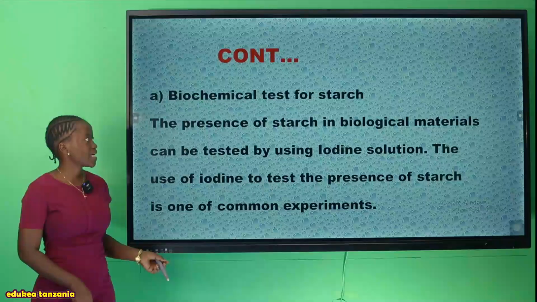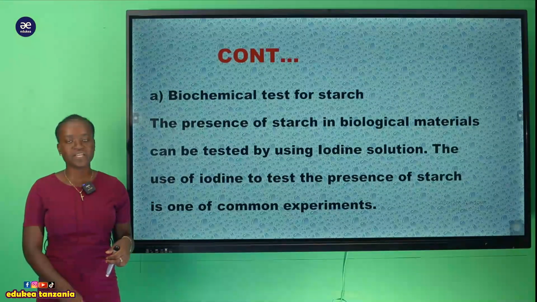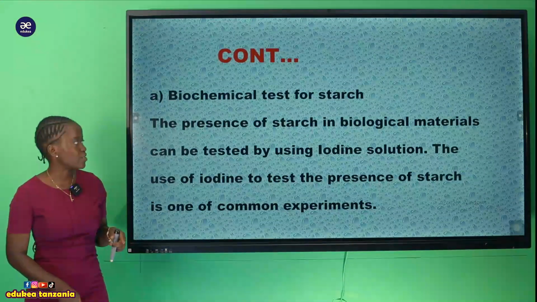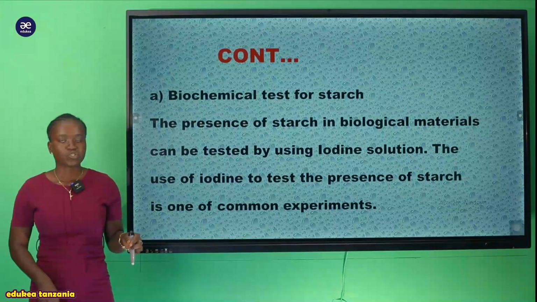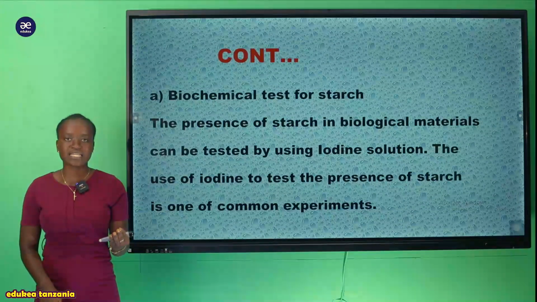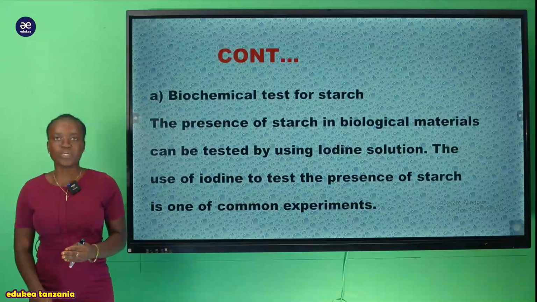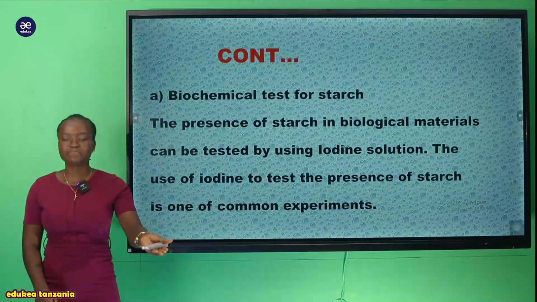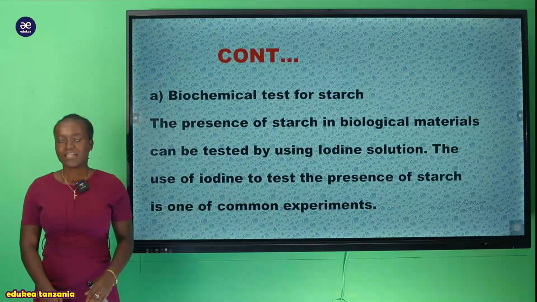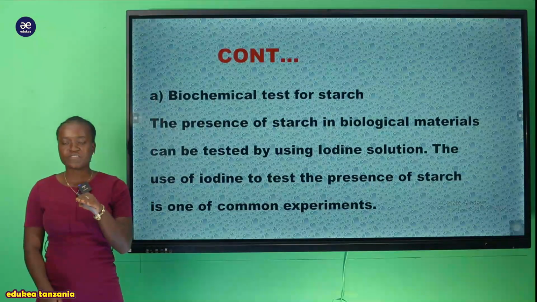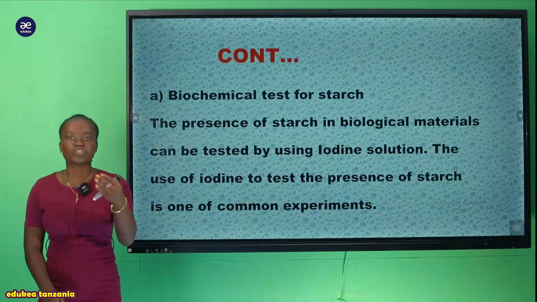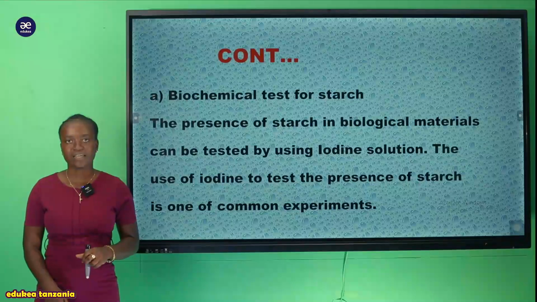It means that we test if there is a presence of starch by using this chemical, the iodine solution. We just take our solution, then add drops of iodine solution, then detect whether there is a presence of starch, as it will change its color.